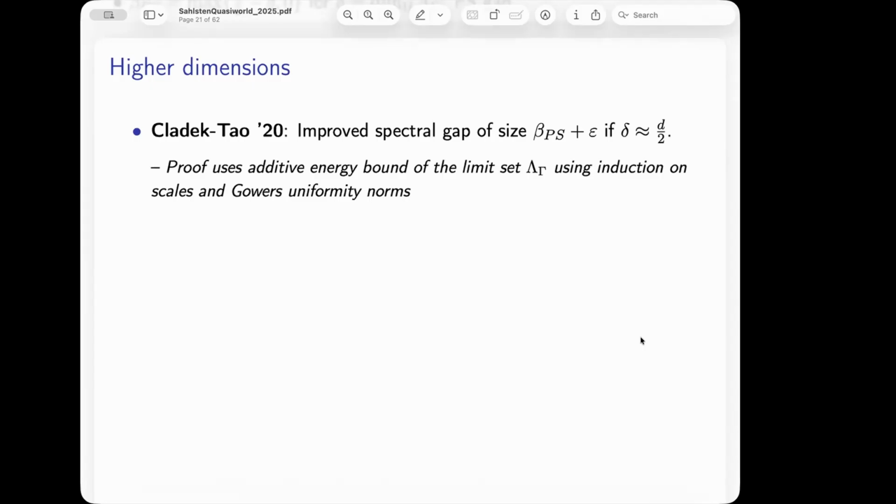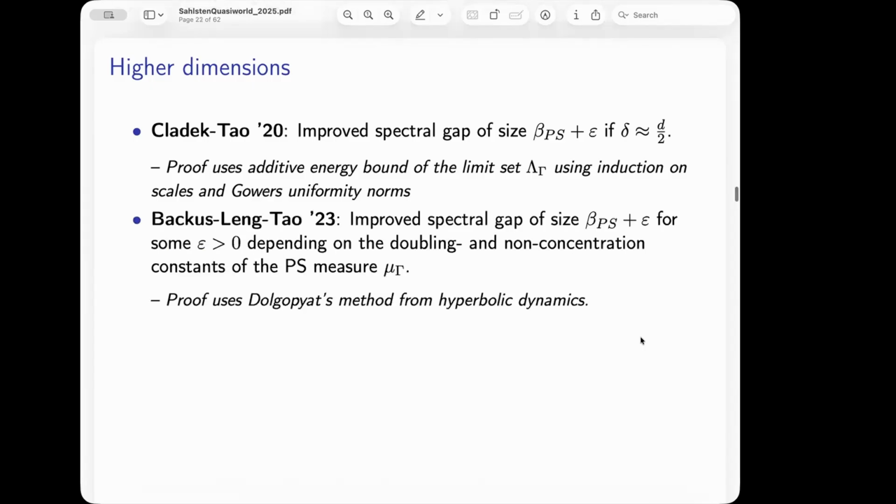So that's possible. But then there is the Dolgopyat method question: can you do what Frederic Naud did in this picture? There's a paper by Backus, Leng, and Tao that applies Dolgopyat's method directly in this picture, and they can improve the spectral gap. But it depends on the doubling constant, as we expect it should if you use the Dolgopyat method. It also depends on some non-concentration conditions of the Patterson-Sullivan measure.